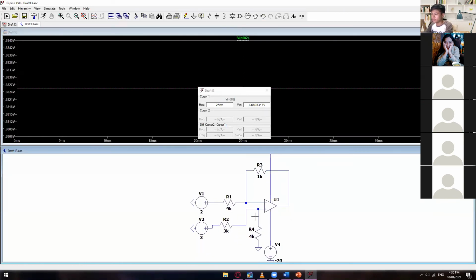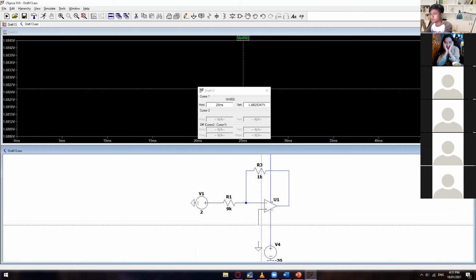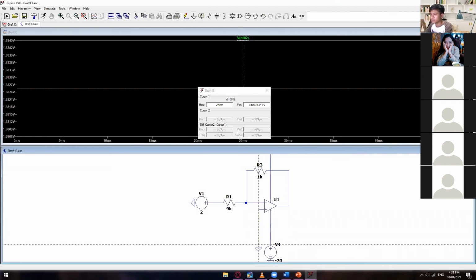So what are the things that we have to change? So we can just remove this one. And this one is grounded. And then another voltage for another input.